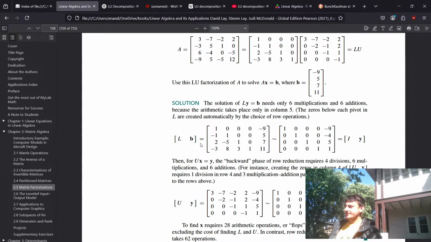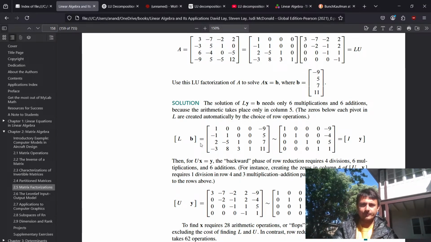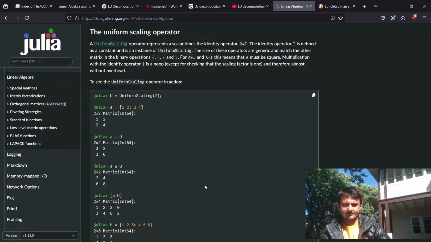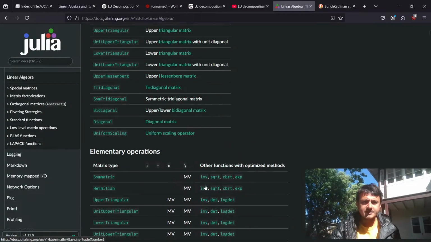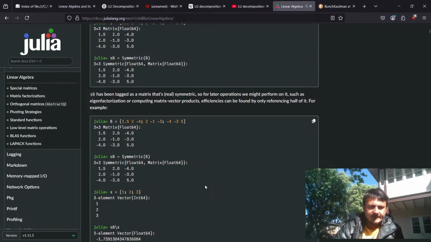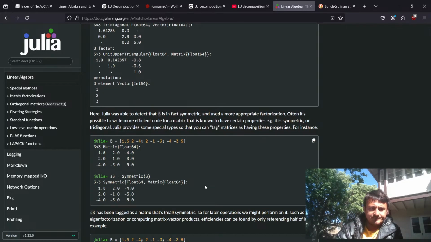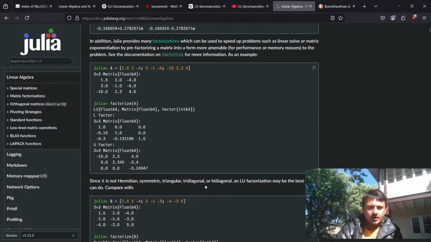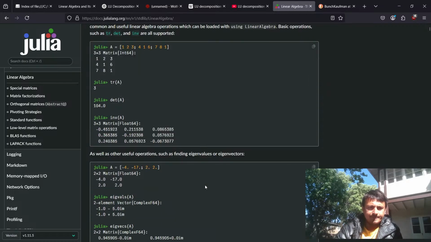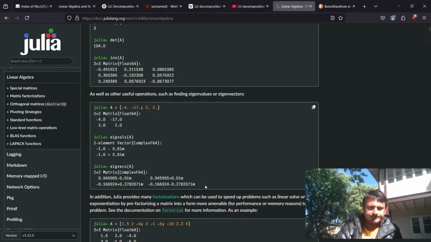The thing that's kind of interesting is that when we looked at the documentation for a real linear algebra package, they do checks to see if it's symmetric before they factorize it.